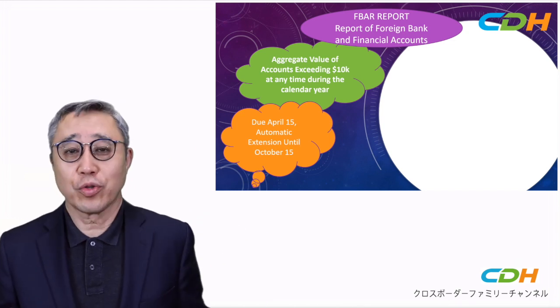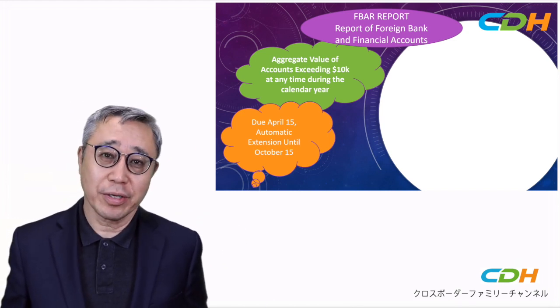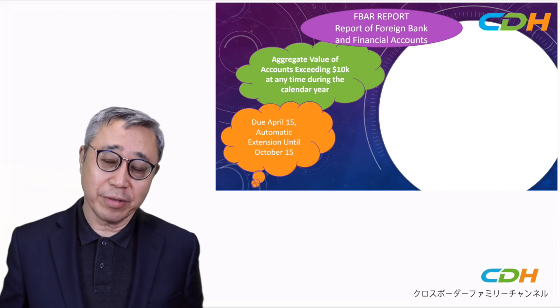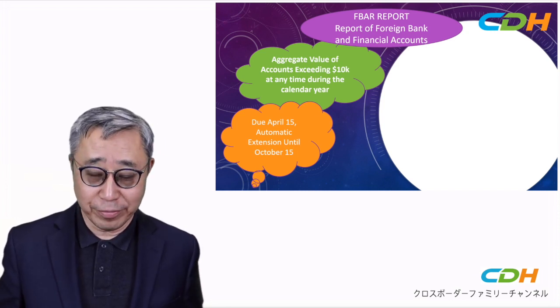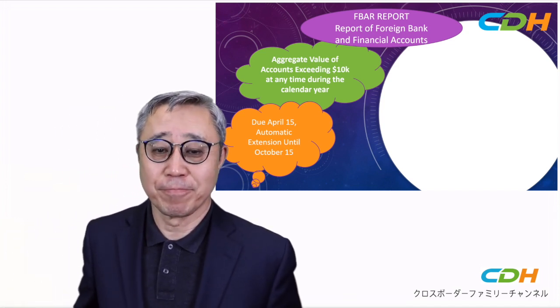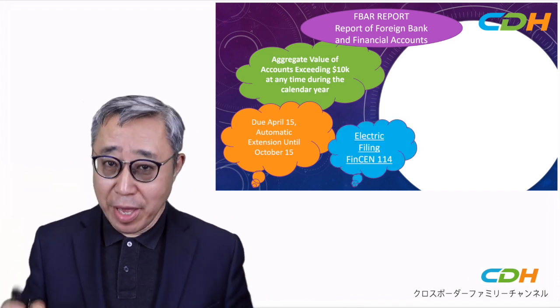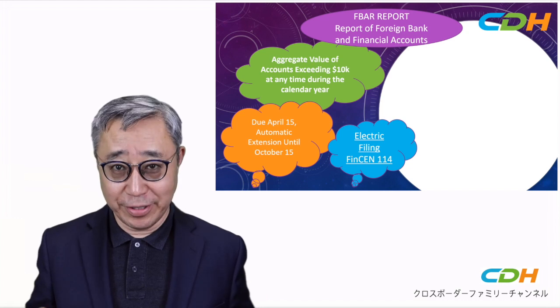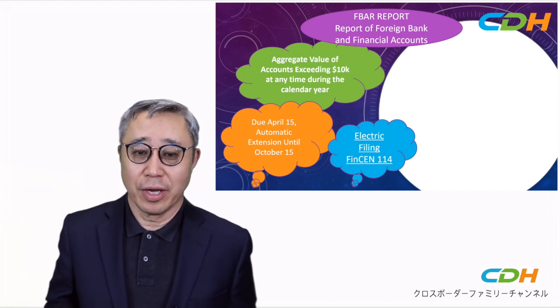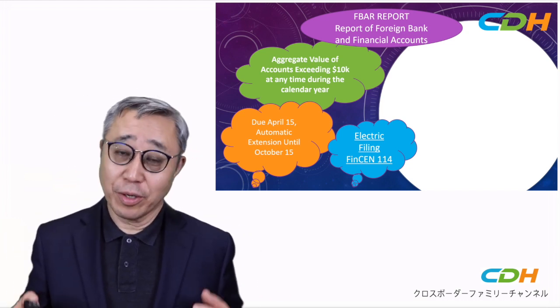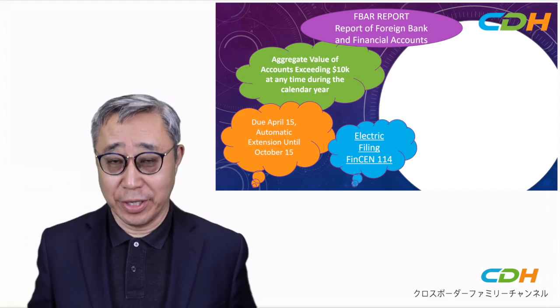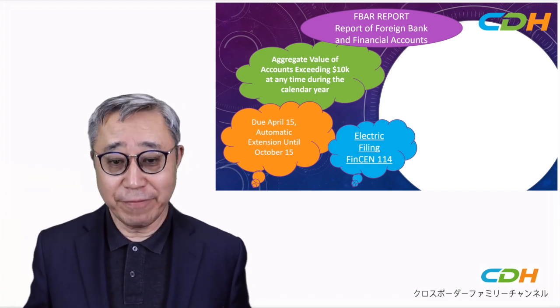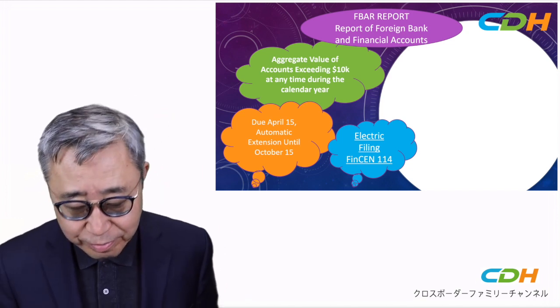So 2022's FBAR deadline is October 15, 2023. This is not a paper filing, it's an electronic filing. It's called FinCEN 114, the name of the e-filing form.